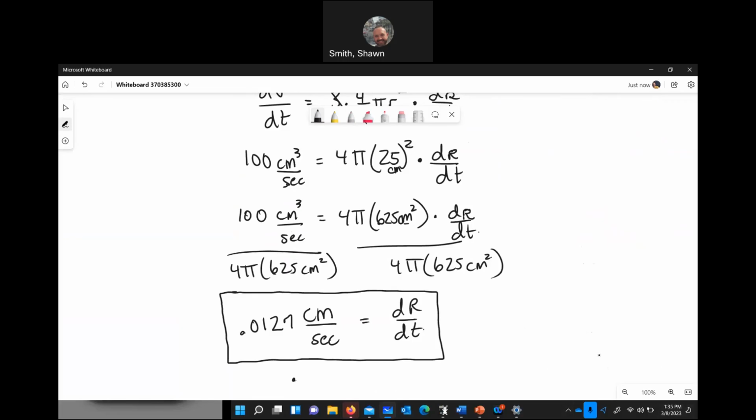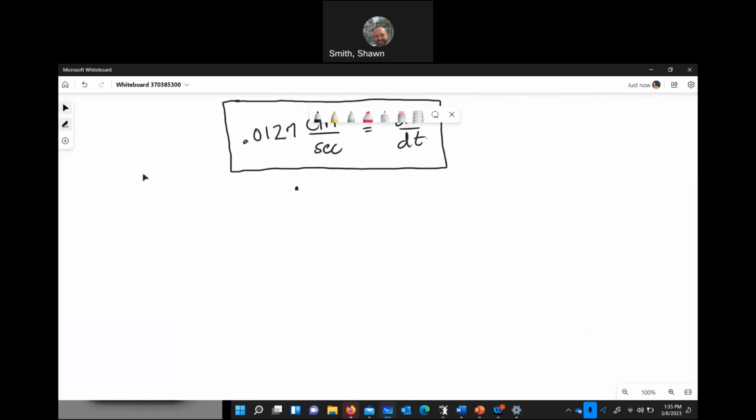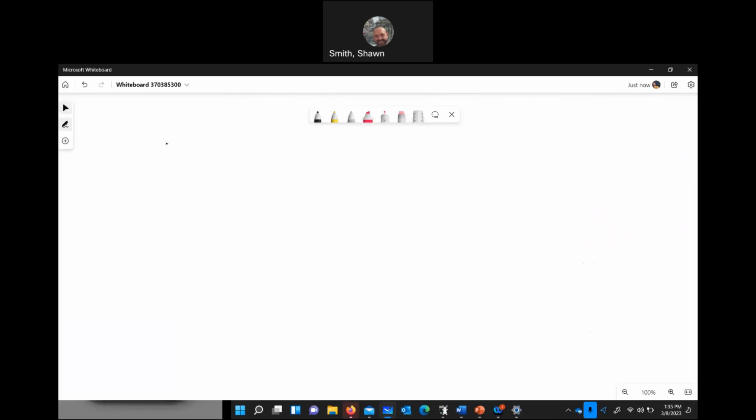All right, let's look at another one, a ladder sliding down a wall. See, a 13-foot ladder is leaning against the vertical wall.